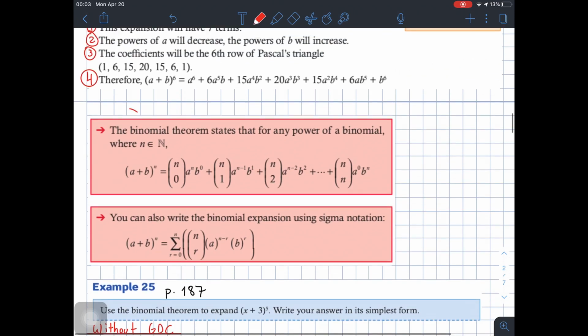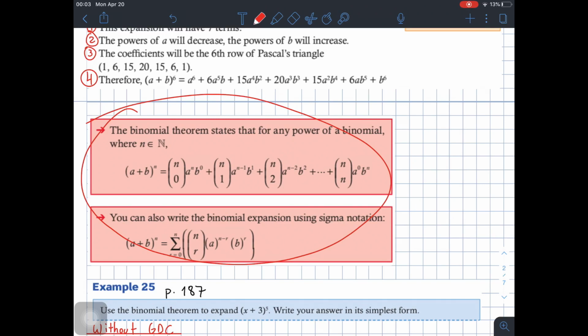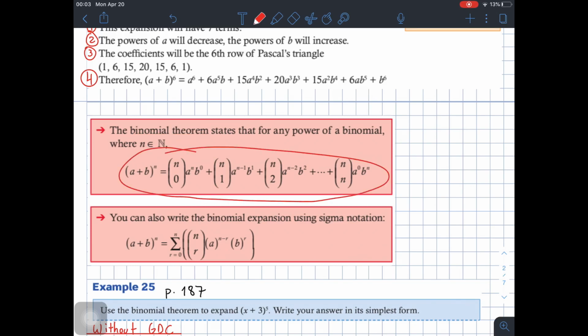Finally, we could generalize what we've seen in the Pascal triangle by stating the binomial theorem, which basically is what we just saw, but written in a mathematical way.